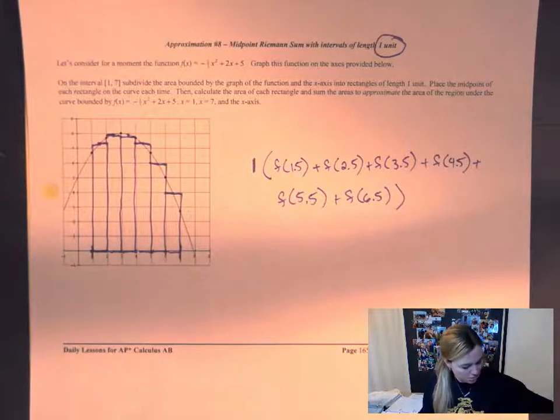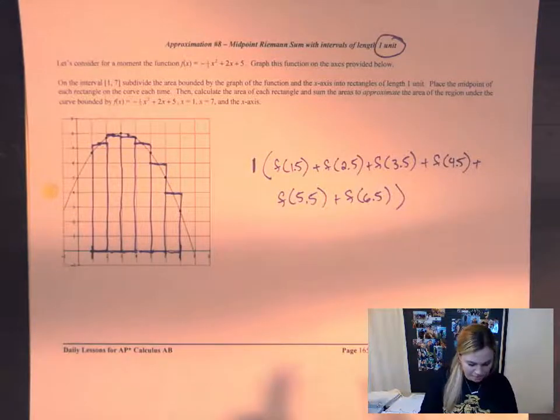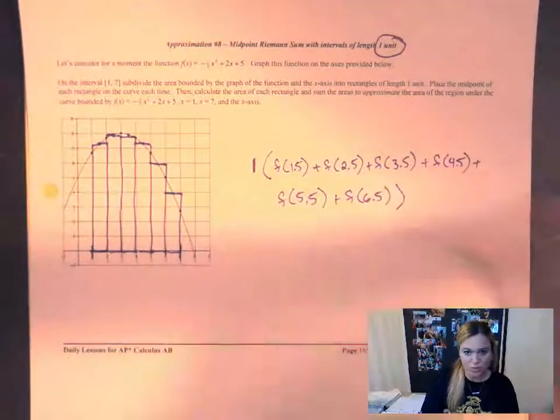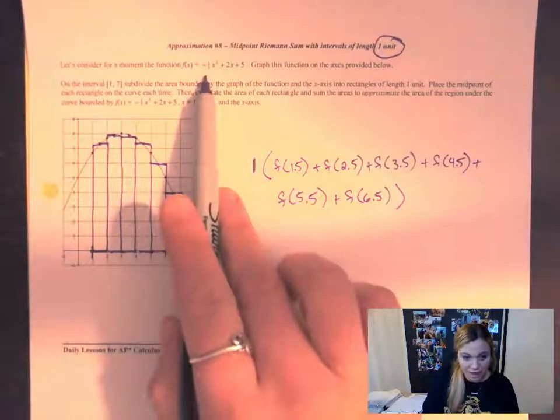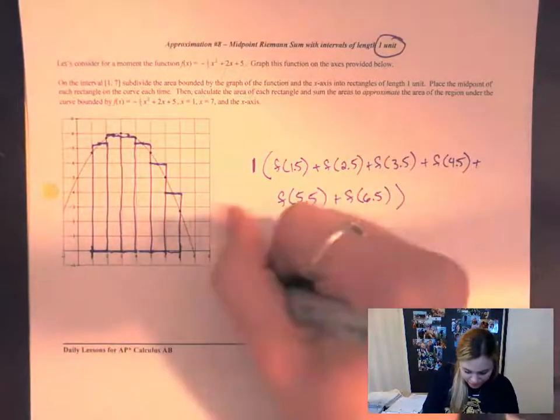So should be okay. These are all on previous pages if you want these things, or you can go up to here for F of X. But you should get 40.16.